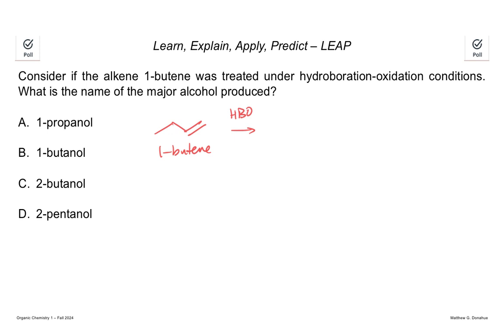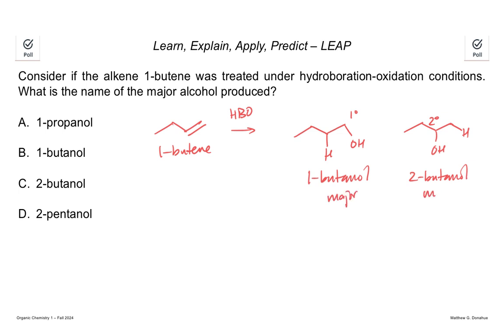So we have to get 1-butanol. That's, again, going to be your major product, and that would be your minor product. Again, hydroboration is going to produce the lesser substituted alcohol as the major.